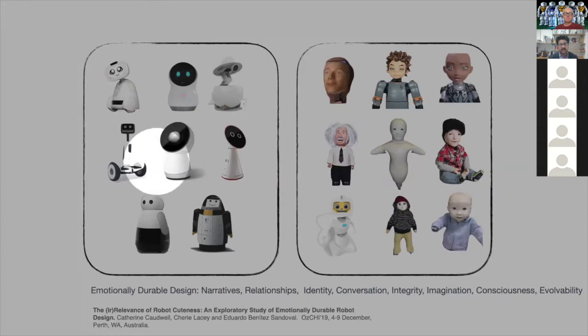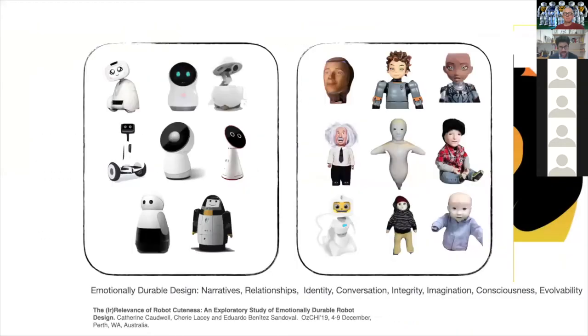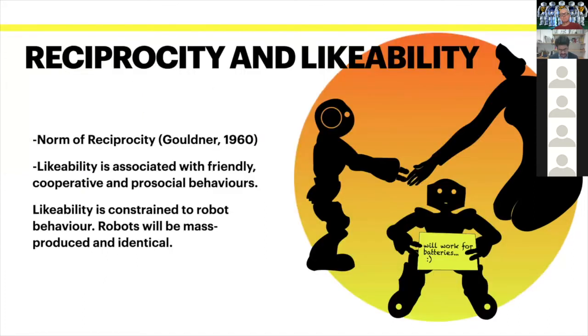However, whatever robots we use in the future, these robots will have identical embodiments, and what will make the big difference among them is the behavior that they display toward humans, and that's what justifies this kind of research.